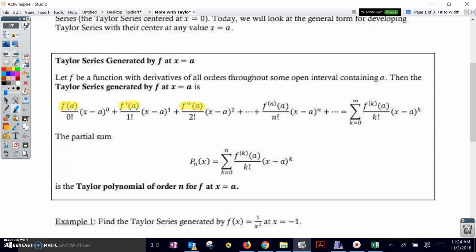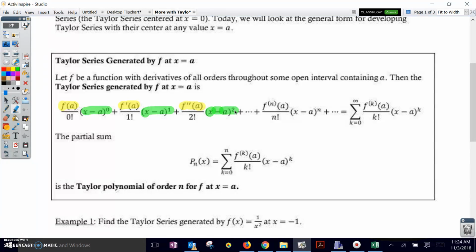Once we find those, all we need to do is write f(a) over 0 factorial times the quantity x minus a to the 0 power, plus the first derivative over 1 factorial times x minus a to the first power, plus the second derivative at that point over 2 factorial times x minus a to the second power, and that will generate for us our Taylor series at x equals a.